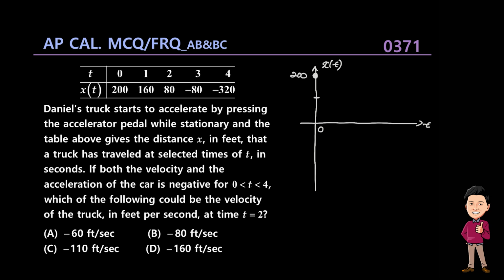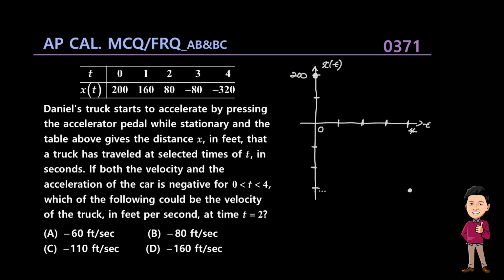So the coordinate point is right over here. And when t is equal to 4, x is negative 320. So negative 100, negative 200, 300 here, so negative 320 somewhere right over here.